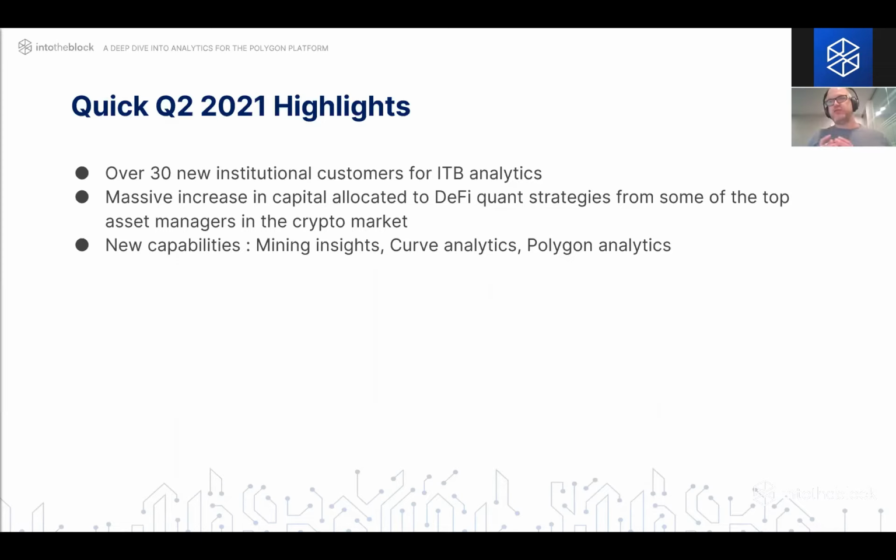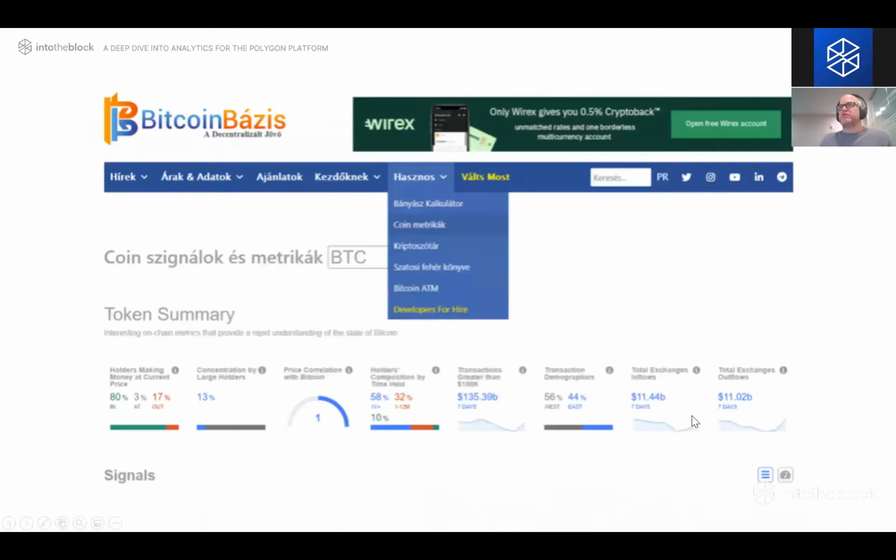And in terms of product capabilities, in the next few hours you're going to see the release of mining insights, followed by analytics for the Curve protocol, and surprise, analytics for the Polygon platform. In these last 3 weeks, we also launched a bunch of customer integrations. Bitcoin Basis, a Hungarian crypto portal, is already incorporated into the Into the Block analytics, as you can see there.